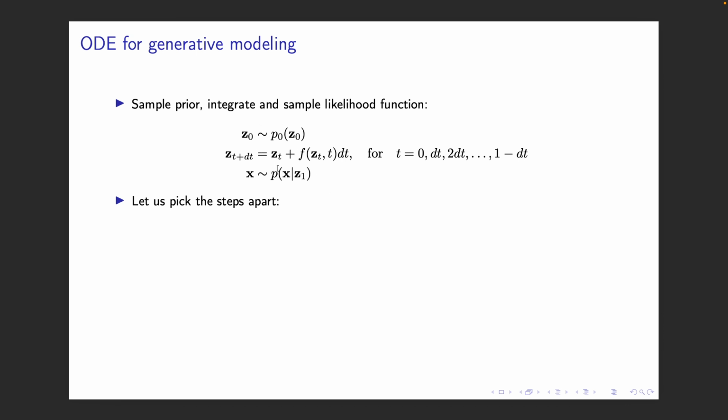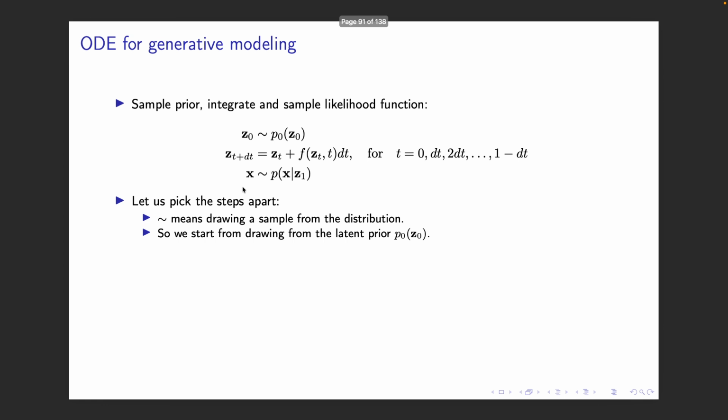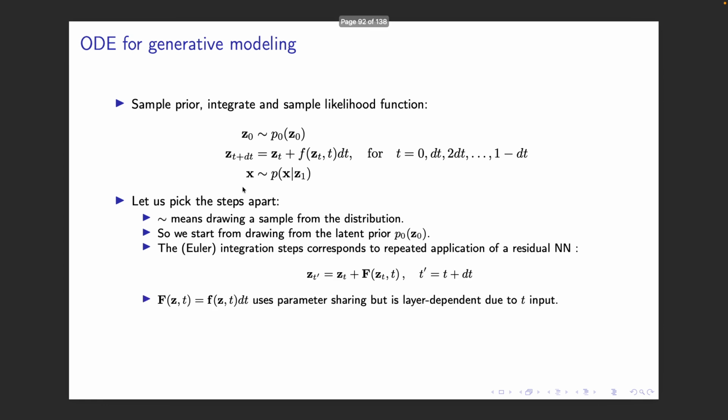And then in the end, once we have set 1, we can draw x as before. It's exactly the same as what we do for the stochastic version.